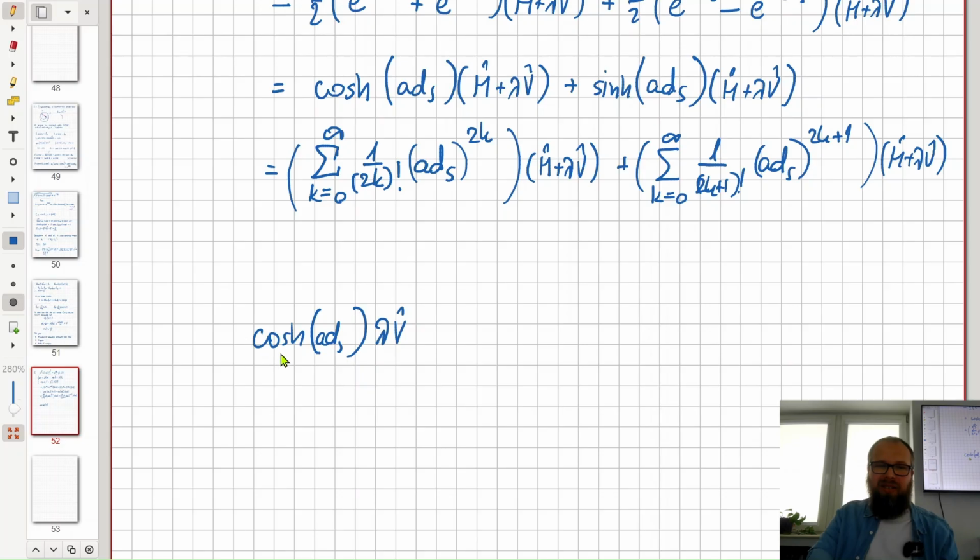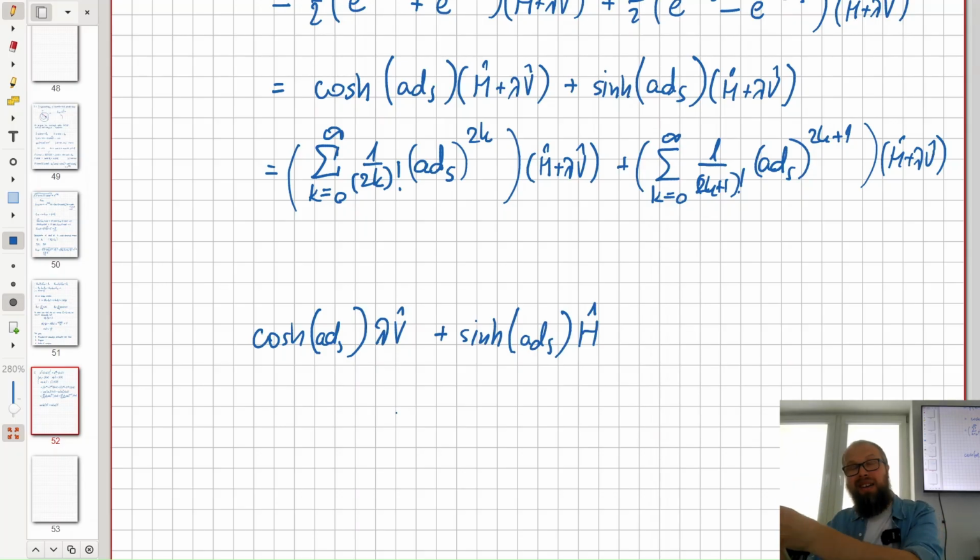Cosh is even powers of S, so it will keep this operator in the block diagonal space. And the other term, hyperbolic sine of adjoint S, acting on H. H is block diagonal, and odd powers of adjoint S will kick it to block off-diagonal. So these two terms are block off-diagonal.